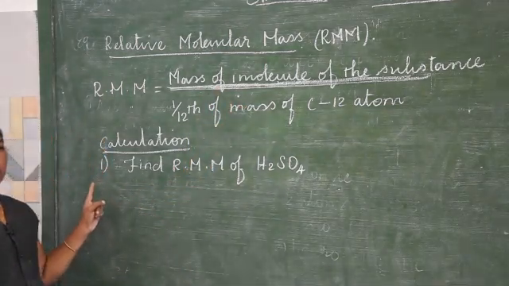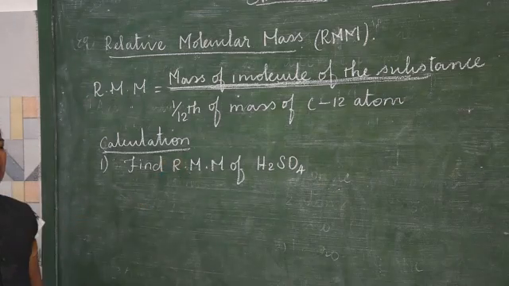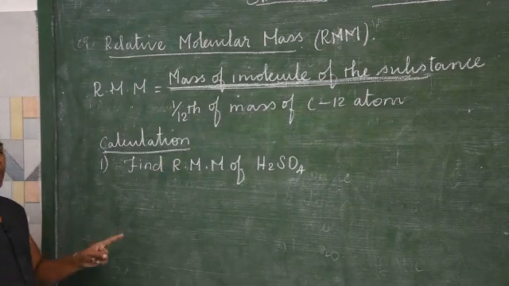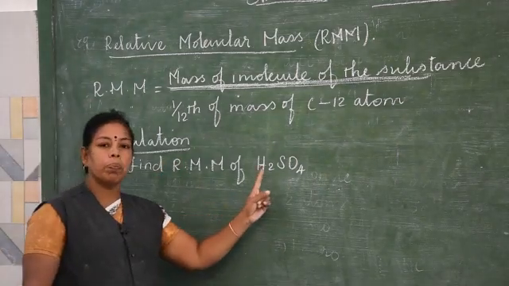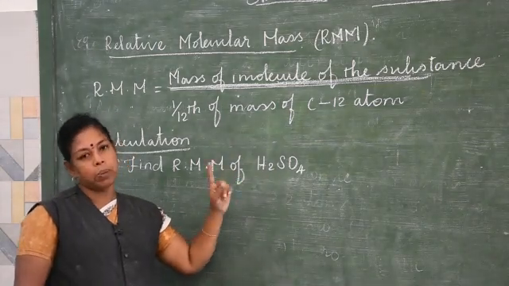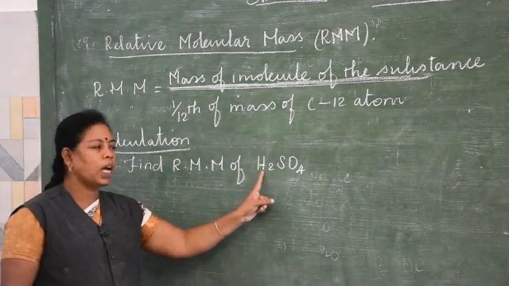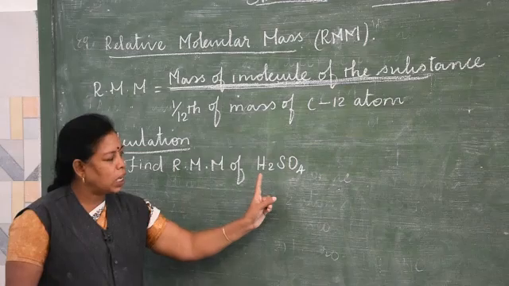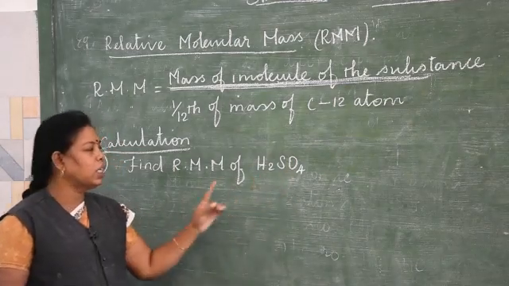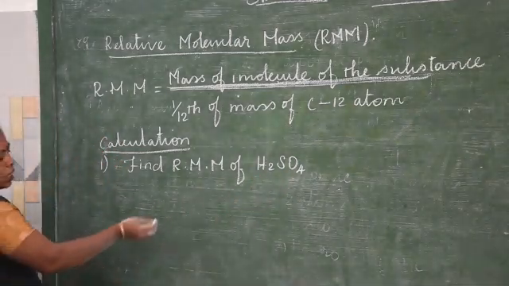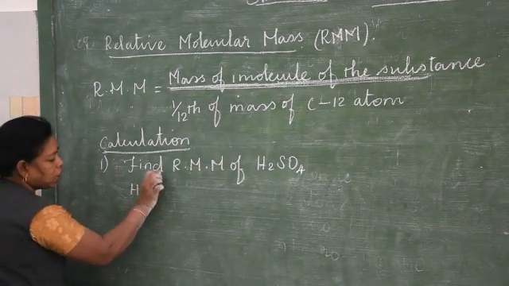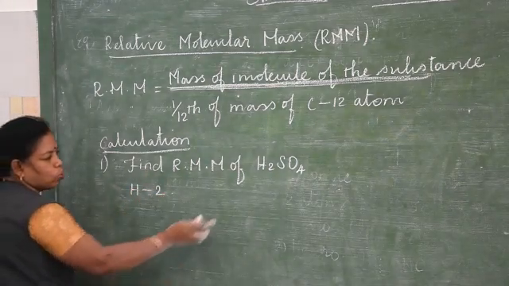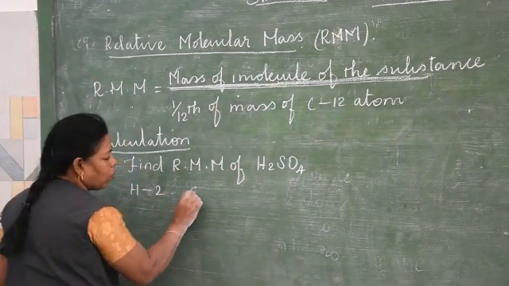How to calculate the relative molecular mass of sulfuric acid? First we have to analyze what atoms are present and how many atoms are present. Here: hydrogen atom, sulfur atom, oxygen atom. Hydrogen atoms are 2, and sulfur atom only 1.